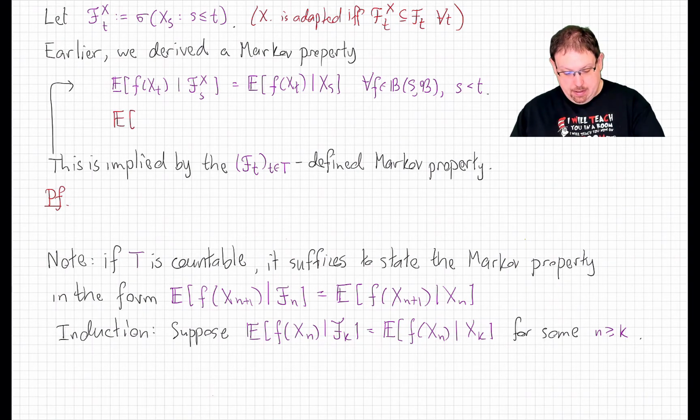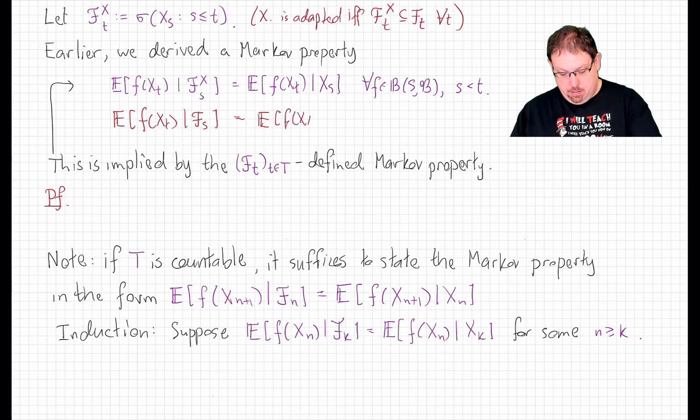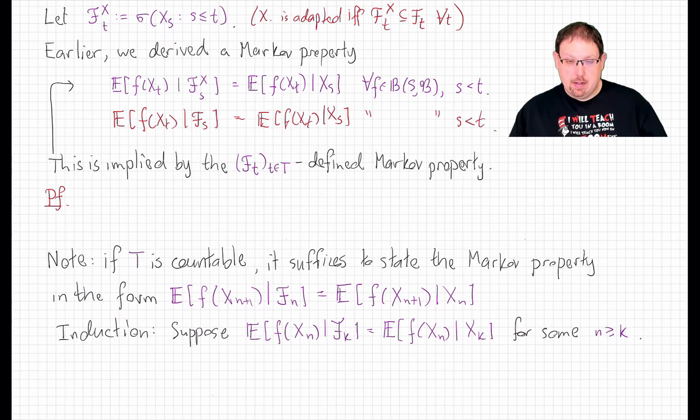That is, this. Here we are conditioning on a larger sigma field than this, potentially strictly larger, and so this is simply a different statement than this one.